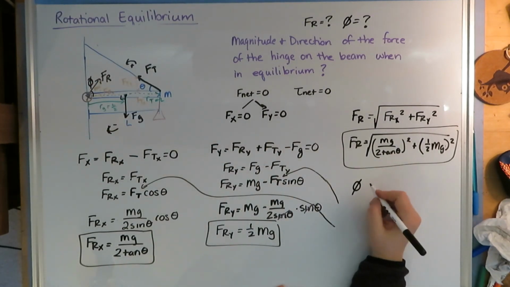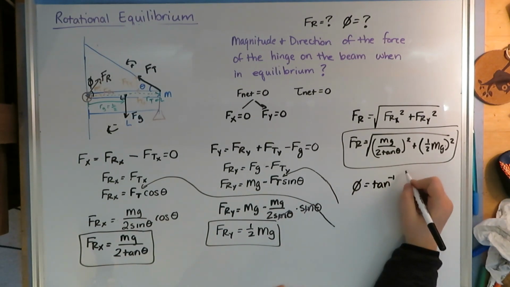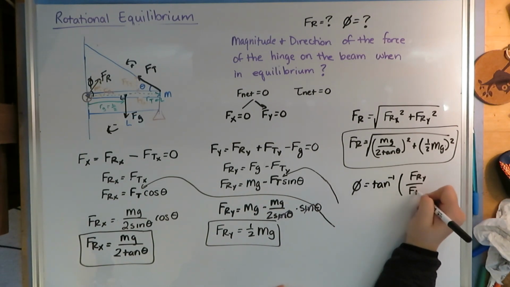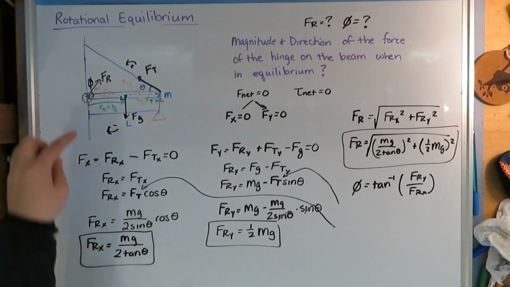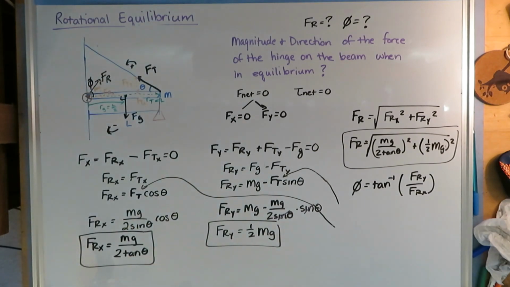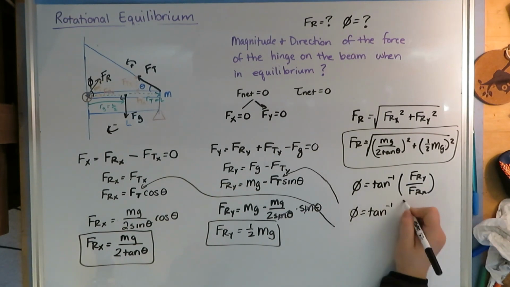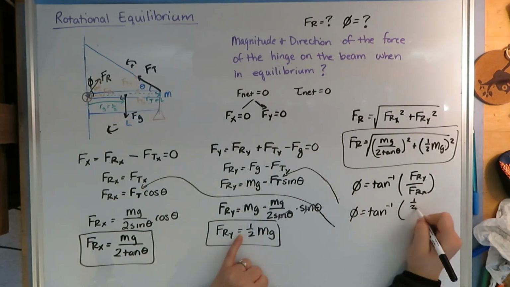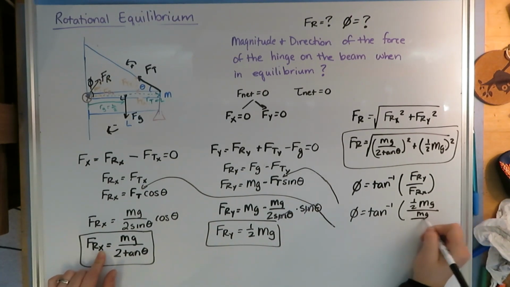If I wanted to find the angle phi that FR is at, that's the direction. So my angle phi is going to equal the inverse tangent of FRY over FRX, because that's the definition here based on tan theta being FRY over FRX. If I sub in, FRY is 1/2 of mg, FRX is mg over 2 tan theta.